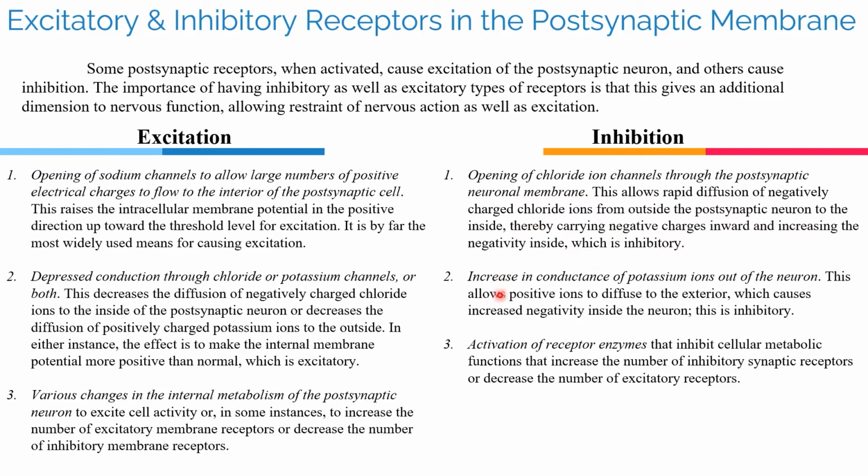It can also include an increase in conductance of potassium ions out of the neuron. This allows positive ions to diffuse to the exterior, which causes increased negativity inside the neuron and thus increases the threshold of membrane potential required to be reached in order for an action potential to occur, and thus is inhibitory in nature.